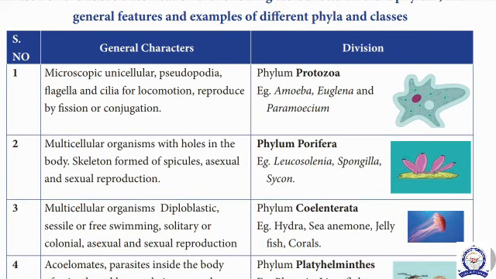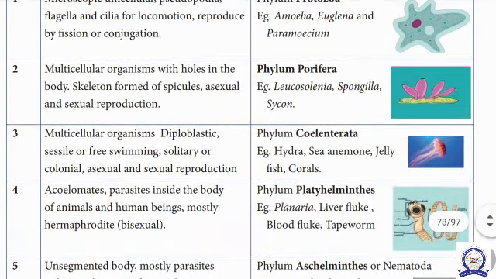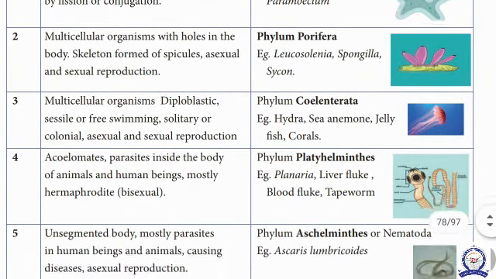The next phylum is phylum Porifera. Pori means pore bearers. The outer surface of the body has minute holes, made up of many holes. So these are called Porifera or pore bearers.